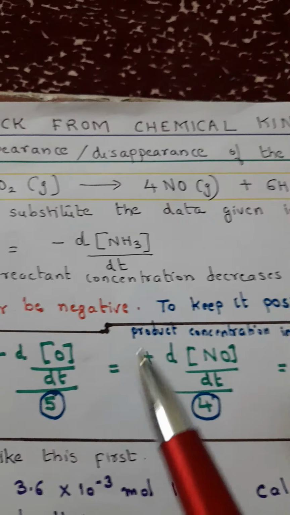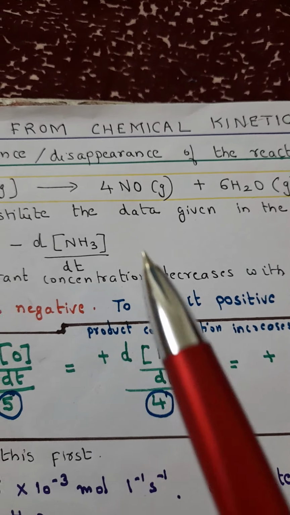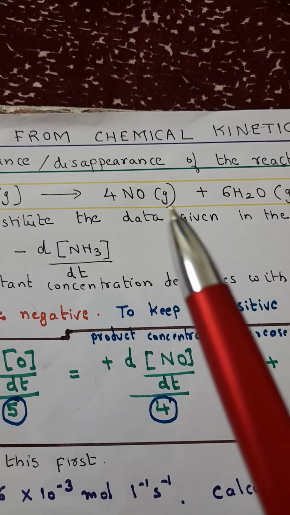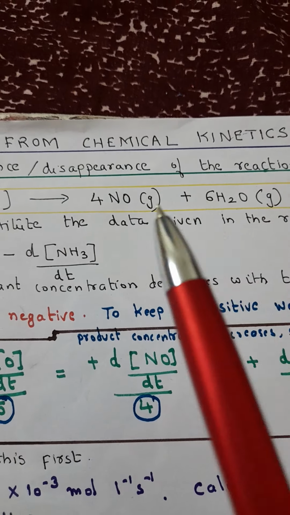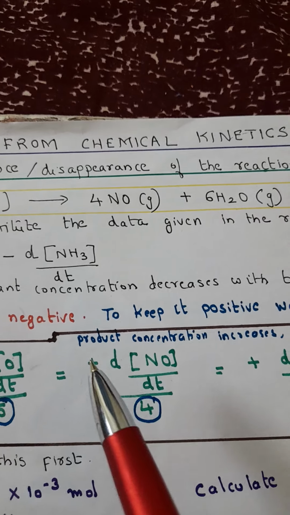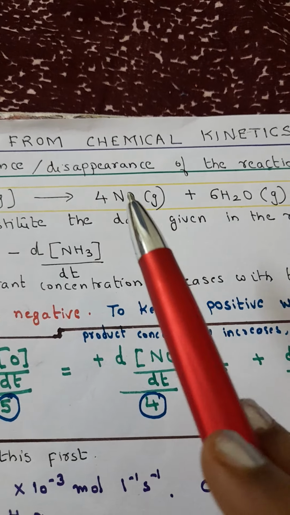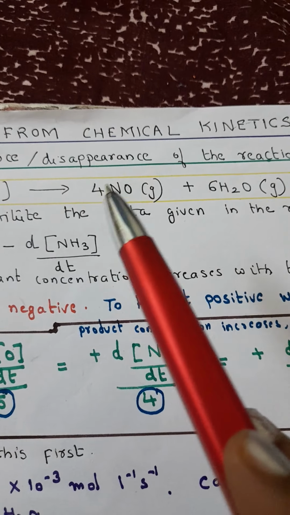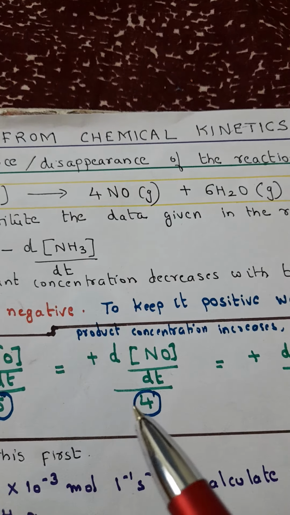Next, we move on to the product side. When reactants react to give products, the concentration of the products will increase, so we keep it positive. So plus d[NO] divided by dt, the whole divided by 4, which is the stoichiometric coefficient here.